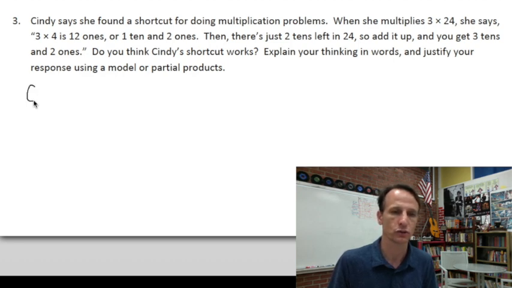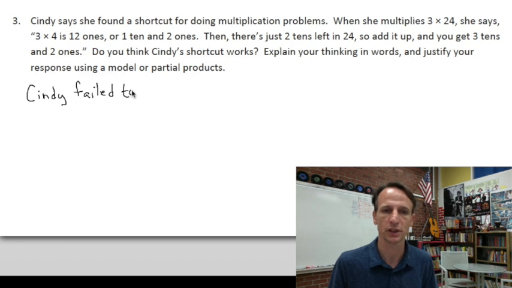And let's just, for our statement here in words, we'll just say why. Cindy failed. Failure, Cindy. But what did she fail to do? She failed to multiply the 2 10s by 3.